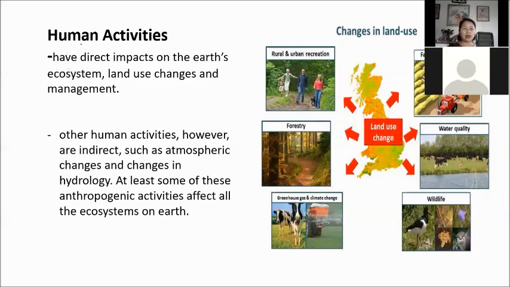Again, human activities have direct impacts on the Earth's ecosystem. So, human activity can cause changes on the Earth's ecosystem, directly or indirectly. So, what are the direct impacts due to human activities?